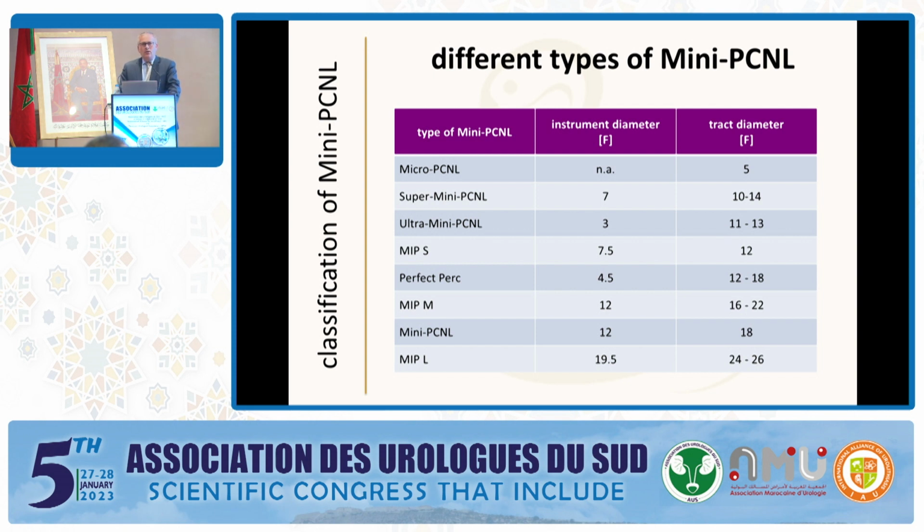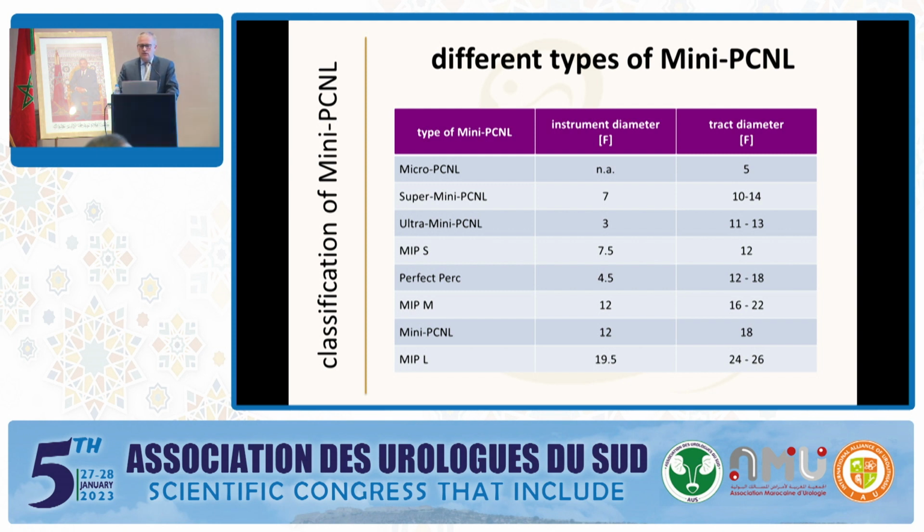And therefore we always have to talk about both instrument diameter and tract diameter, because the difference between instrument diameter and tract diameter describe how large the space between the nephroscope shaft and the Amplatz sheath is. And this is the main influencing factor for the so-called vacuum cleaner effect.